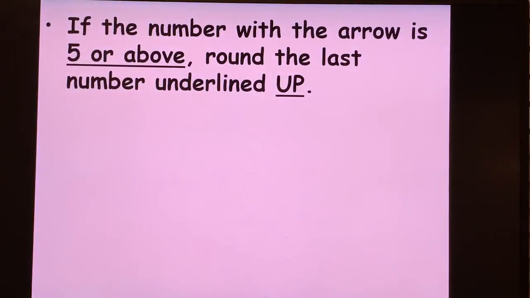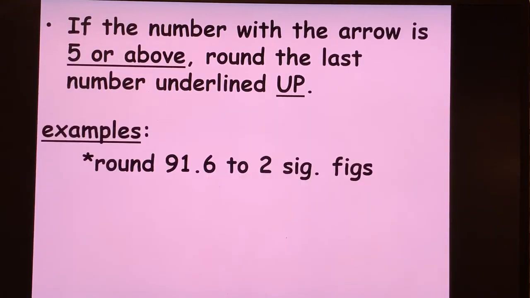If the number with the arrow is 5 or above, you round the last number underlined up. You know how to round. So if it's a 5 or up, you round up, and if it's below that, you don't round at all, right? You just cut it off.